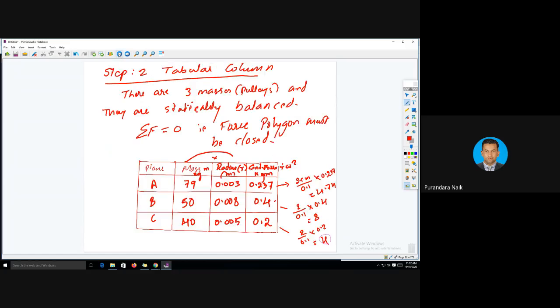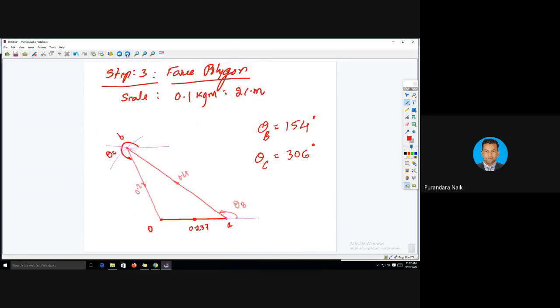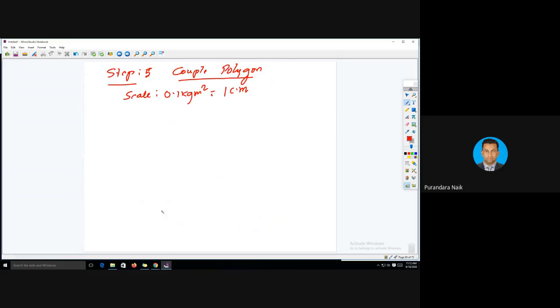The first mass, or the reference mass, is A. Let us consider A the starting point. So let us mark somewhere here 0, O, and that is the reference line, the 0 degree line.